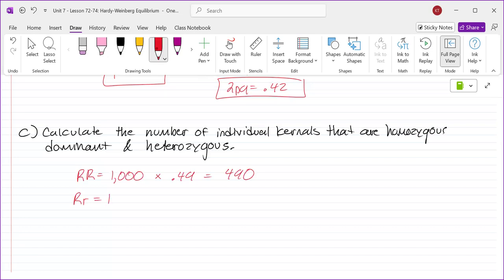And then for heterozygous, 1,000. What was the frequency of heterozygous kernels? 0.42. Pretty easy because it's 1,000. 420. And you were given the number of white kernels in the problem. It was 90. So what is 420 plus 490 equal? 910. Numbers don't lie.